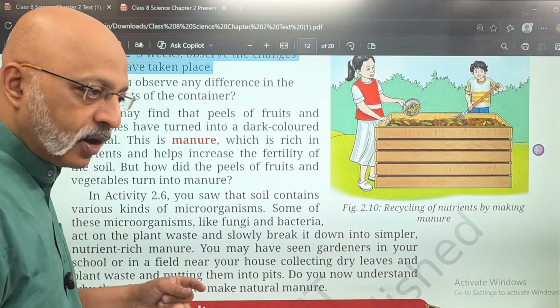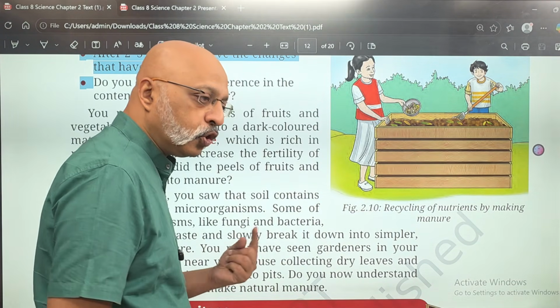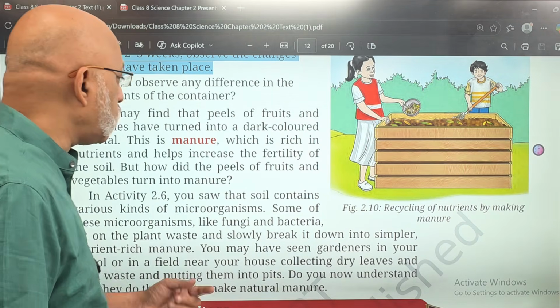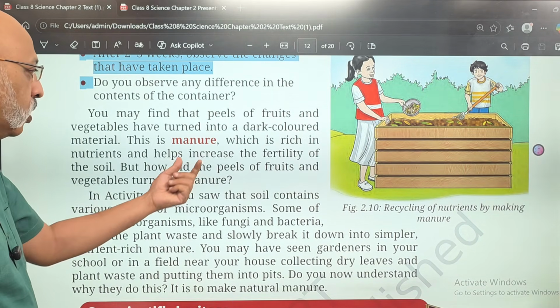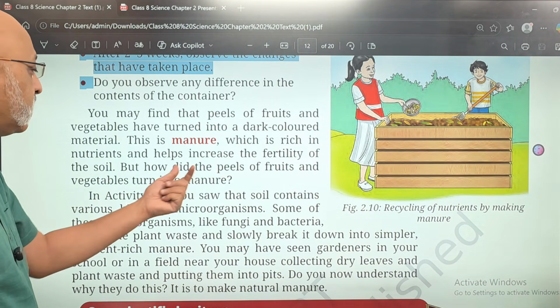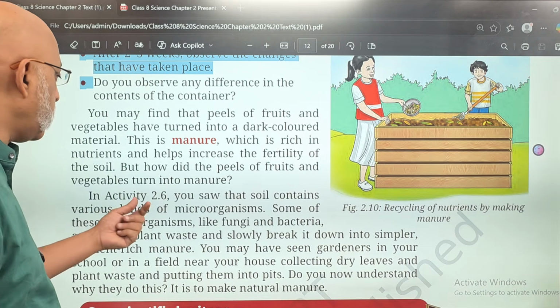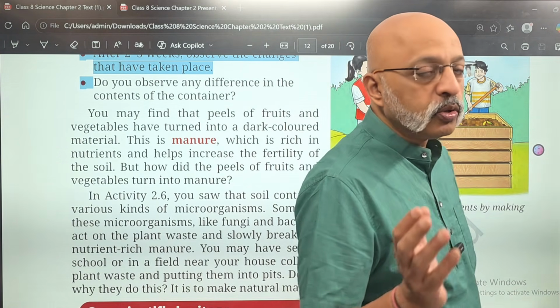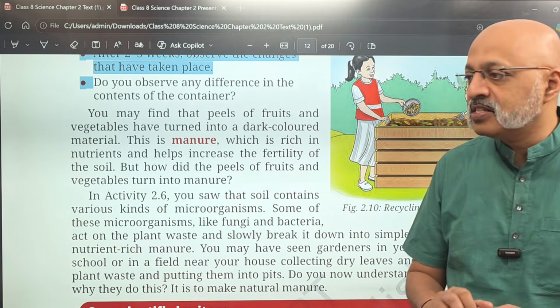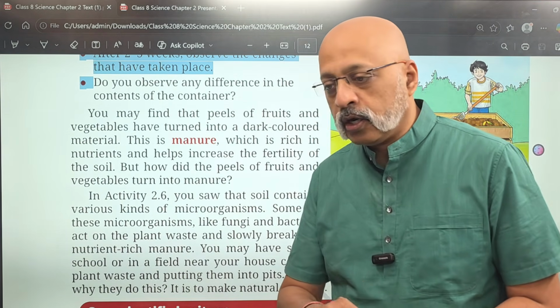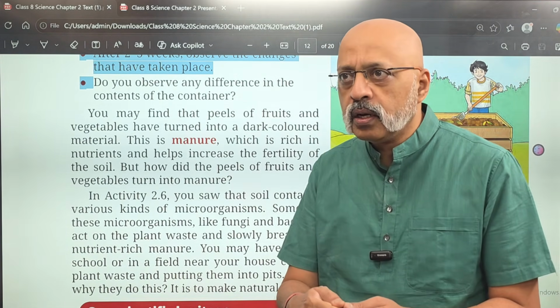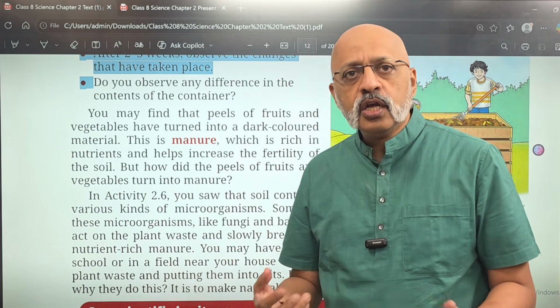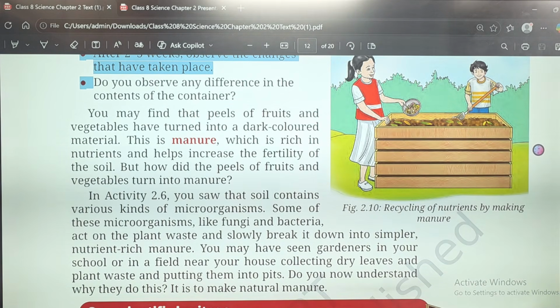Over a period of time, it will develop into humus, the organic matter will work on it, and it becomes manure, which is rich in nutrients and helps increase the fertility of the soil. So that's what happens. Instead of throwing out the kitchen waste, your orange peels, your banana peels, the peel of something else, you can actually make use of it in order to increase the fertility of the soil by making it as manure.